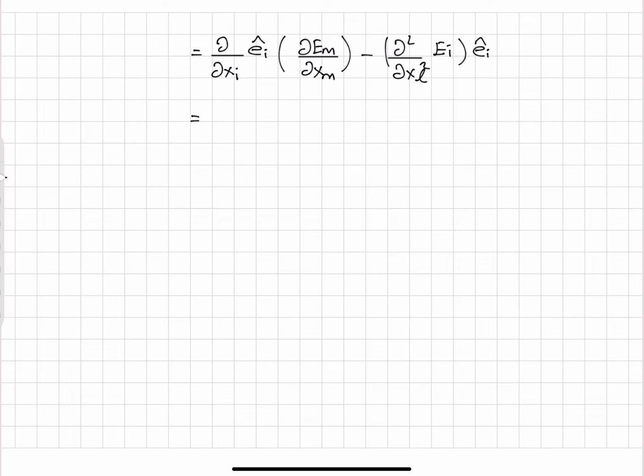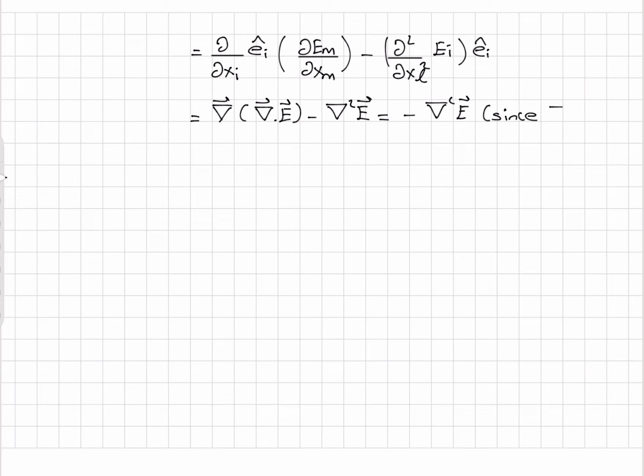Now once again, this is just the divergence and this is the gradient operator. So gradient of divergence of the electric field minus, this is the Laplacian operator, del square applied to electric field, and that is just equal to minus del square electric field, since one of the Maxwell equations says divergence of the electric field must be 0.